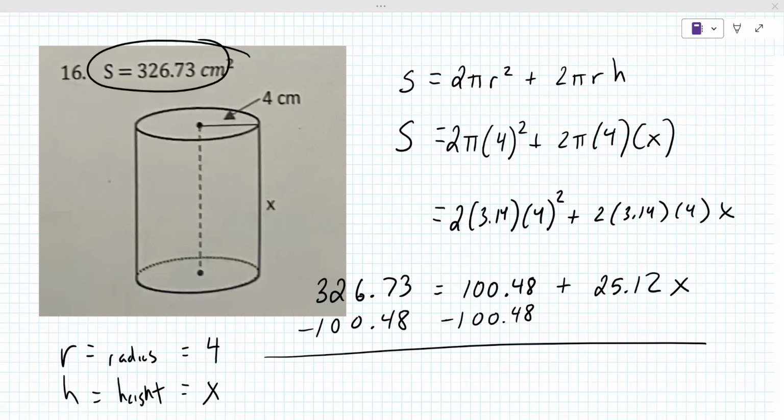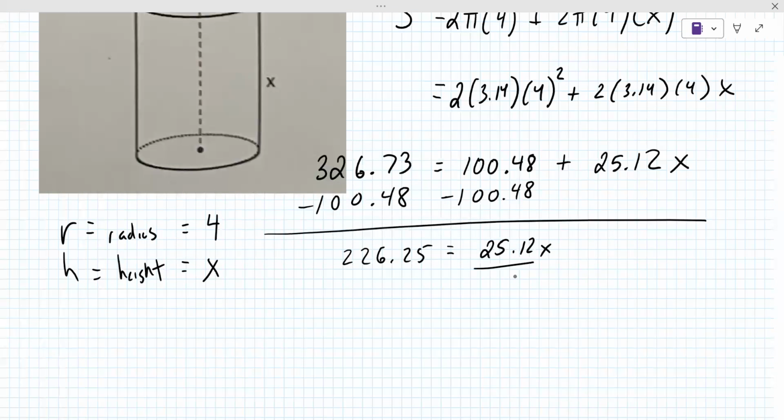I'm doing that. 226.25. Okay. Very good. 226.45. So now you're going to divide both sides by 25.12. Okay, go ahead and do that.